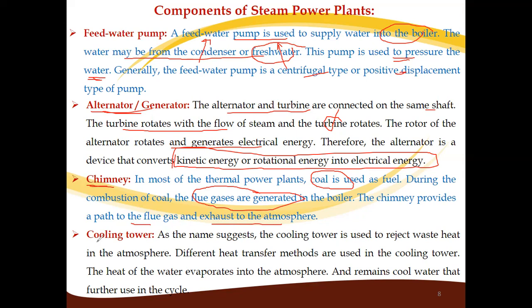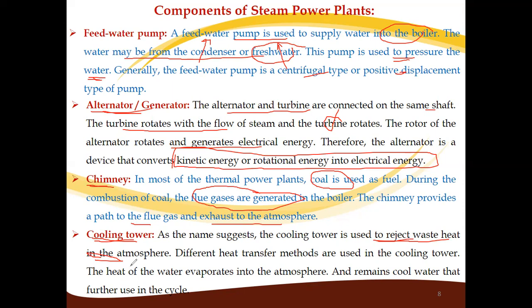Another component of a steam power plant or thermal power plant is the cooling tower. As the name suggests, the cooling tower is used to reject waste heat into the atmosphere. There are different methods of heat transfer used in a cooling tower. The heat of water evaporates into the atmosphere and the remaining cool water is further used in the cycle.